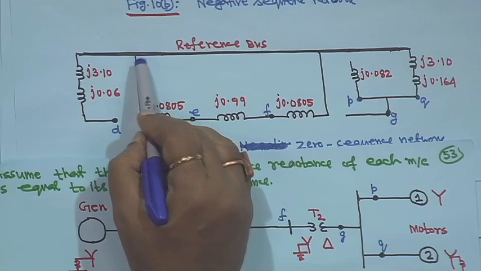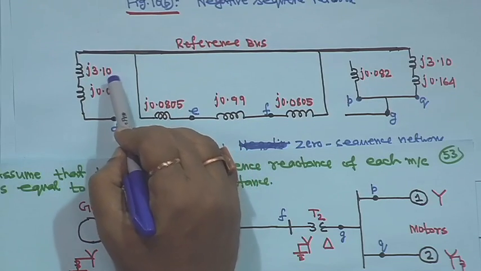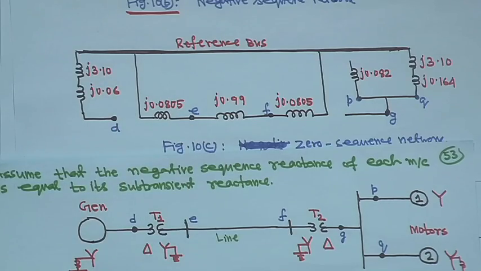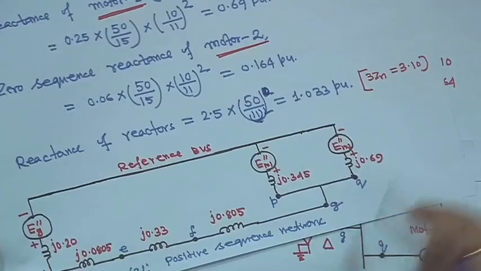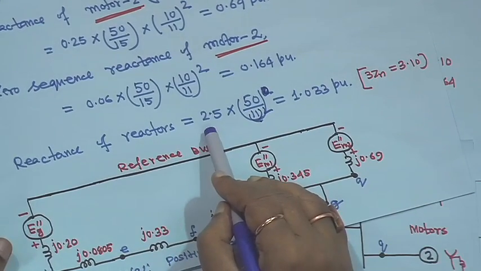This is connected through 3Zn, where Zn is the reactance of the reactor.